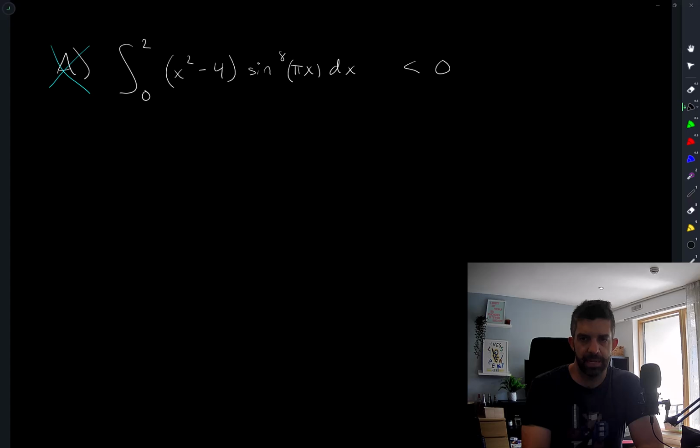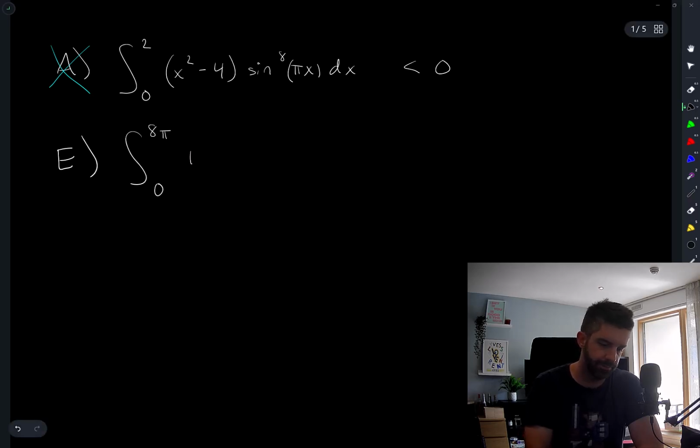Okay, so some other candidates for things that don't work. In fact, in E, the integrand is again almost always negative. So this is an integral from 0 to 8 pi of 108 times sine cubed x minus 1 dx.